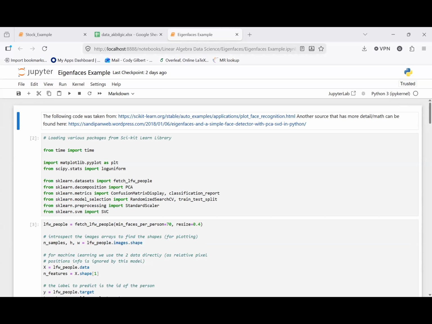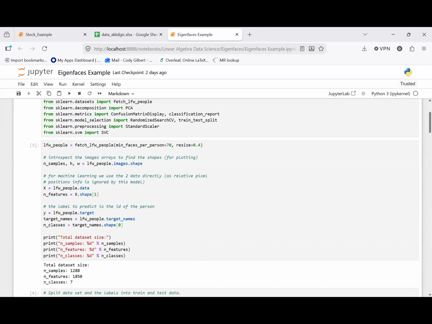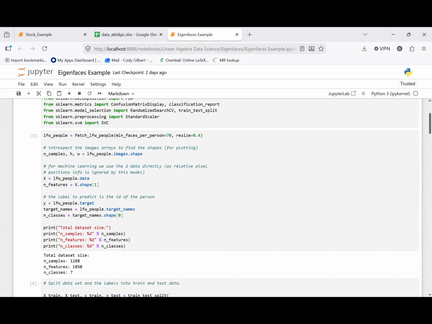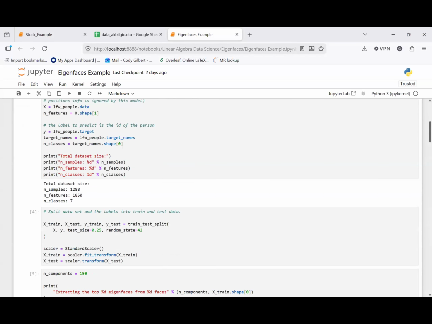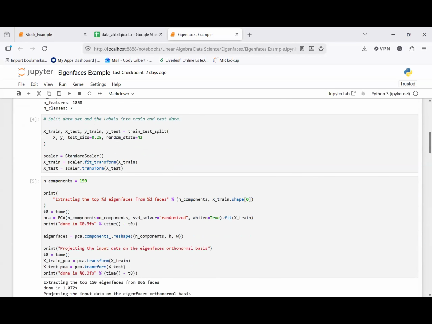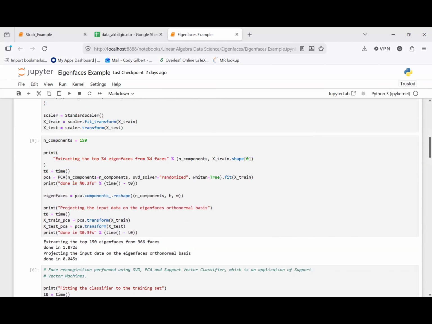It's outside the scope of this class. But it is illustrating the main ideas of principal component analysis and singular value decomposition in ways that are visually intuitive. A lot of this is just reading in data sets, splitting the data set into training and testing data sets, and then you have your X and your Y, where these are your predictions. So you don't have to know really what's going on here.